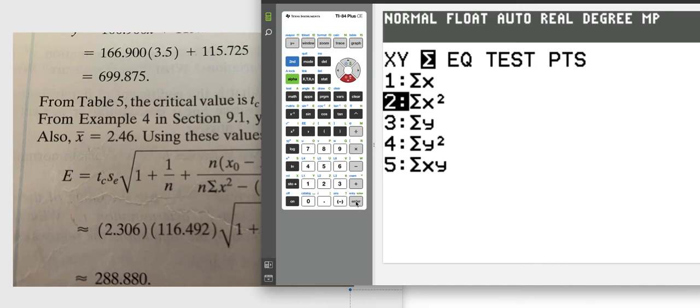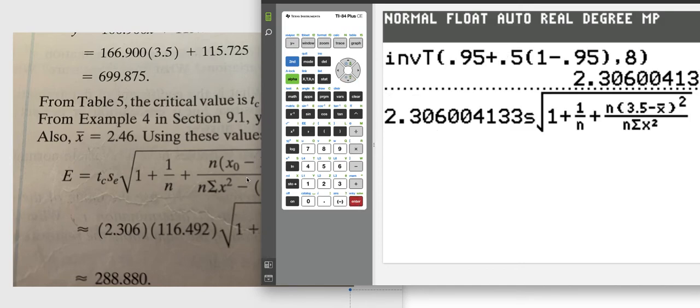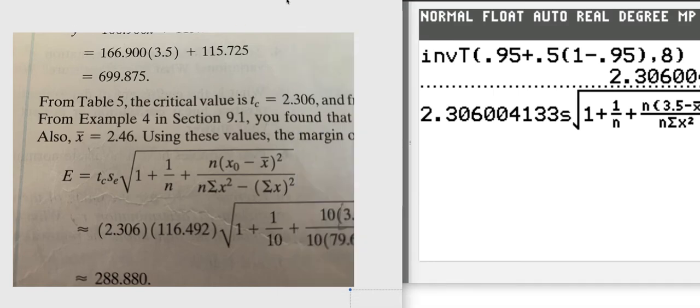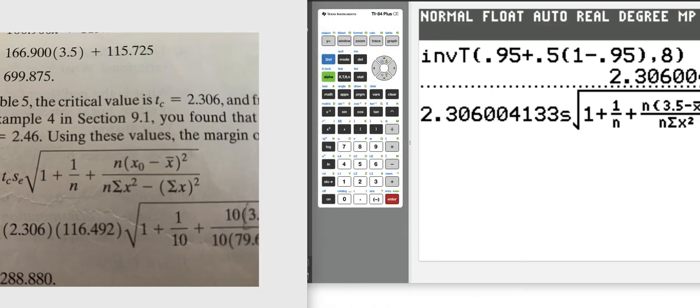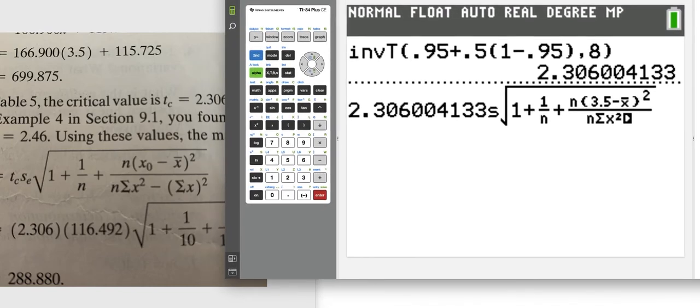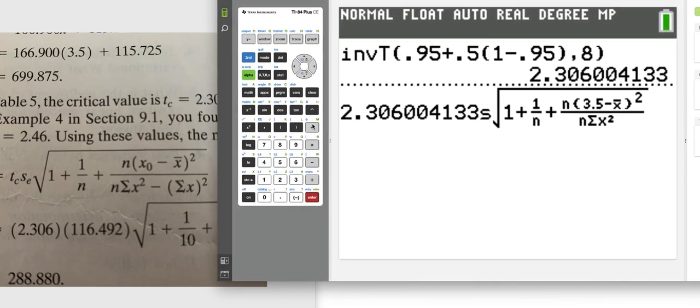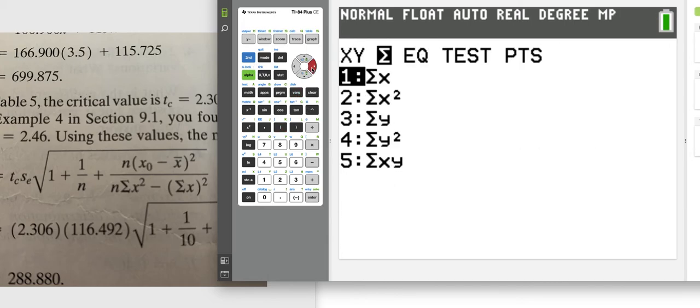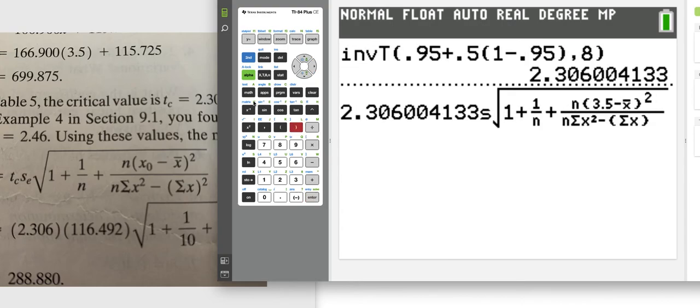Be careful to pick this one and not just the first one and then square it, because we're going to do that here in a second. I'll move this over so we can see it a little better. Now we minus, and now we want parentheses. I want the sum of x. So go back into VARS, number 5, the sum of x. This is the first one. And then we're going to square that.